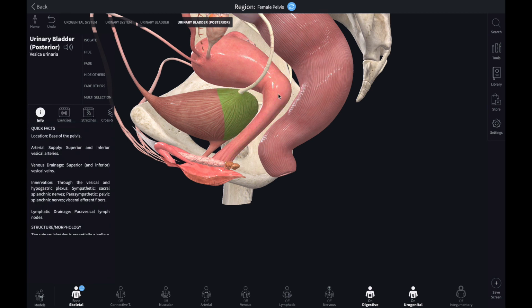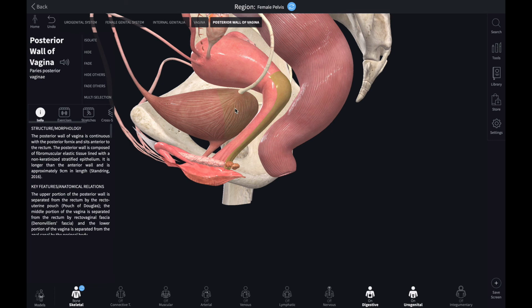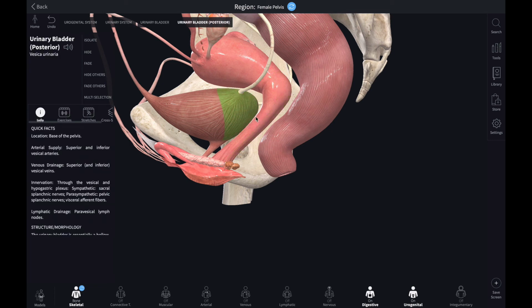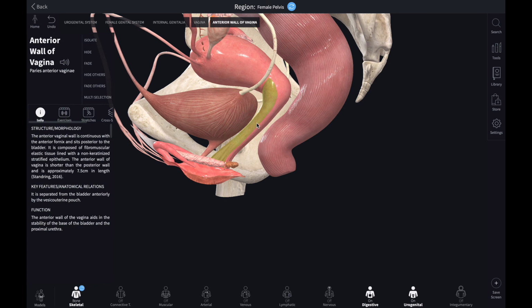If there is any cancer origin here, it can communicate to this, and an abnormal fistula can be created. This is called a rectovaginal fistula. The connection between the bladder and the vagina is a vesicovaginal fistula. Fistula means connection. Posterior to that you have the sacral plexus nerves.